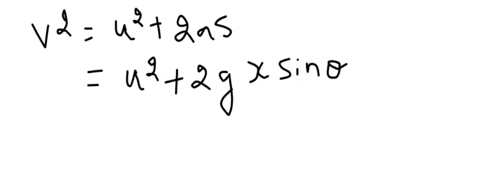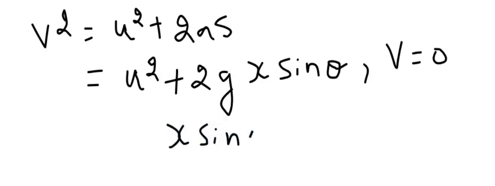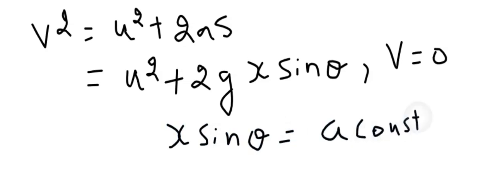Now you know the final velocity is 0, so v is equal to 0. The initial velocity is 0 in both cases. So therefore we can see that x sine theta is going to be a constant.